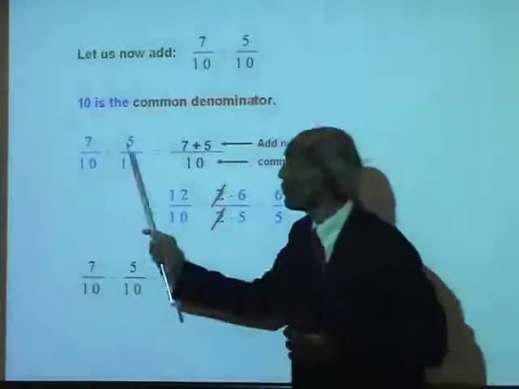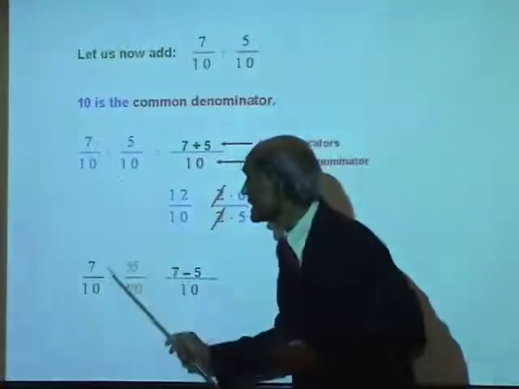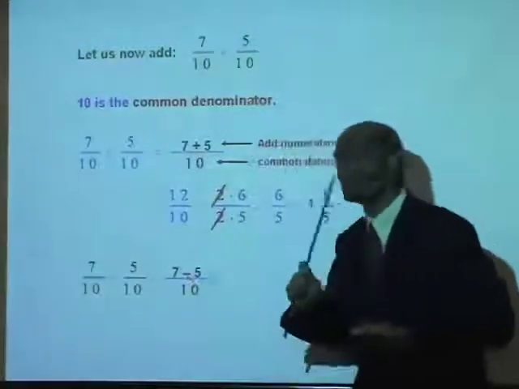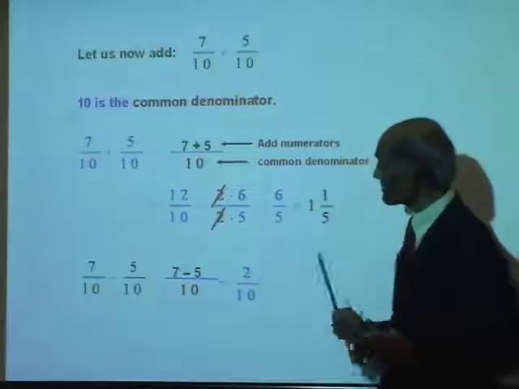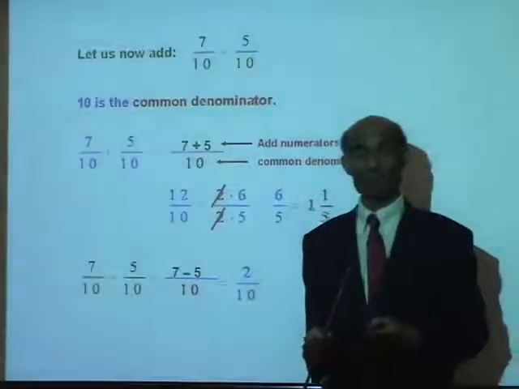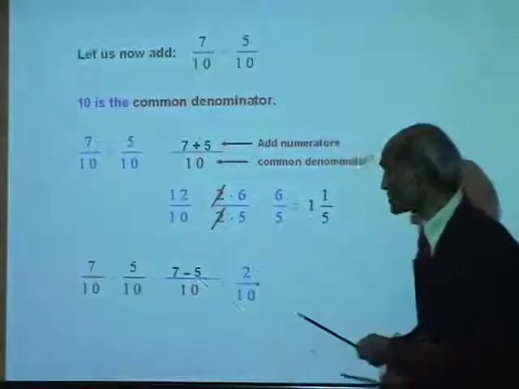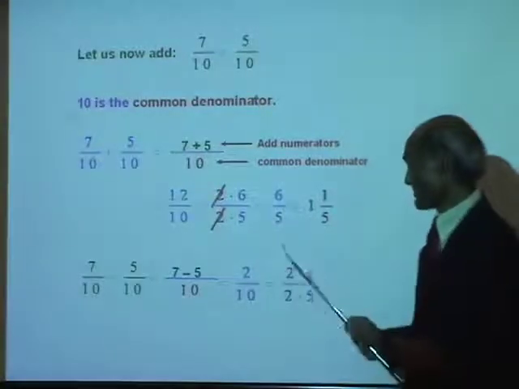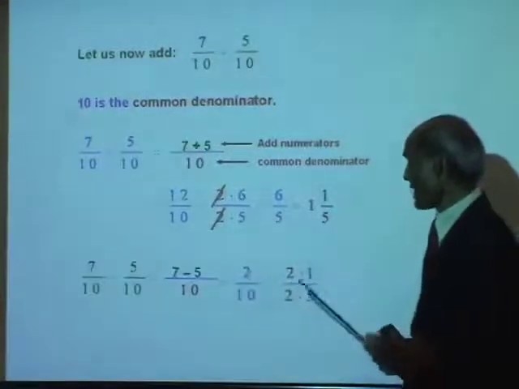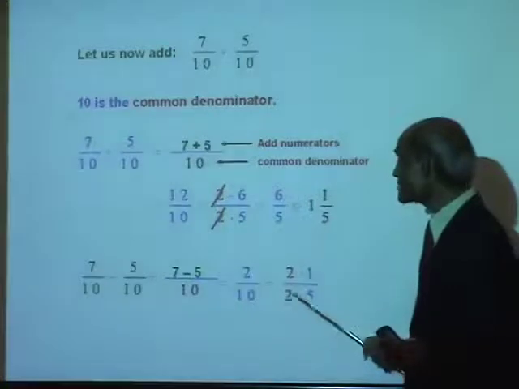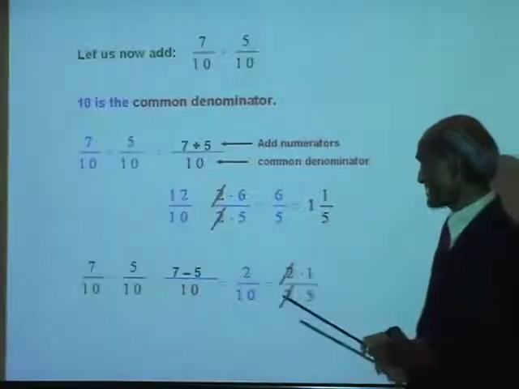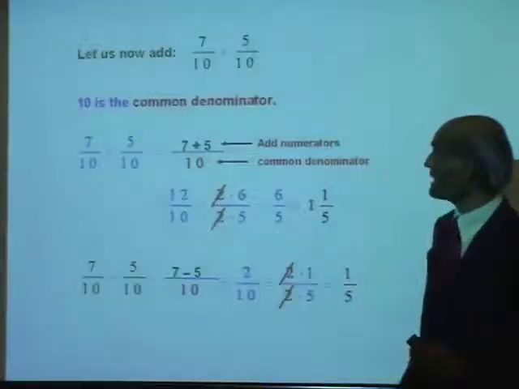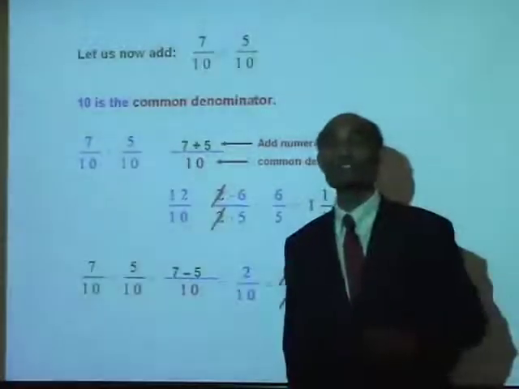In other words, whatever sign we have here, that is what we will use on the numerator. So the answer there is 2 out of 10. Can you tell me what that is in the simplest form? Well, 2 is 2 times 1, and 10 is 2 times 5. And of course the 2 and 2 cancel, leaving us with the answer 1 over 5.